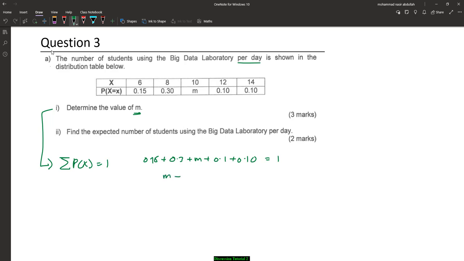So we arrange the alphabets and numbers, and all the numbers should be 0.65, so m plus 0.65 equals 1. m is equal to 0.35. And just plug the value back in, and m is equal to 0.35. And the total here should be 1, right?